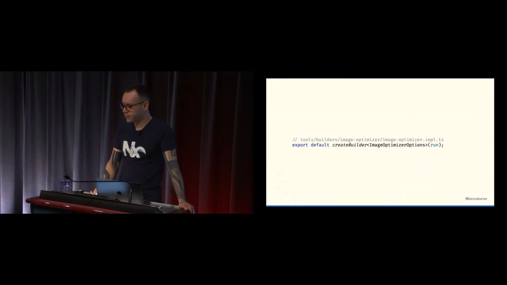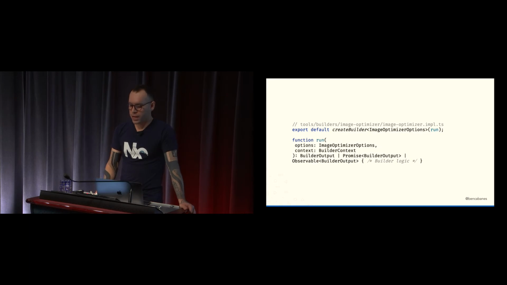Next, we create the actual implementation. For this, the Angular CLI provides us with helper functions. We use the helper function createBuilder from the Angular DevKit package and set it as our default export. The function accepts another function, which will be our builder implementation, and we need to provide the available options that we just created before. The builder implementation accepts two arguments, the builder options and the CLI context.